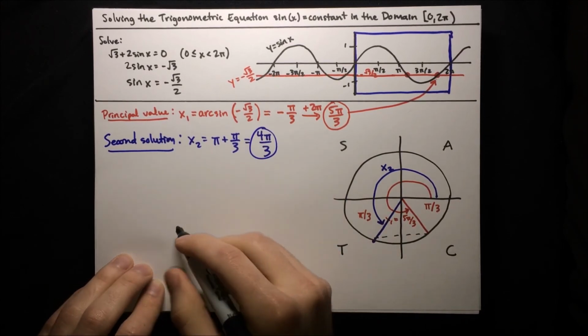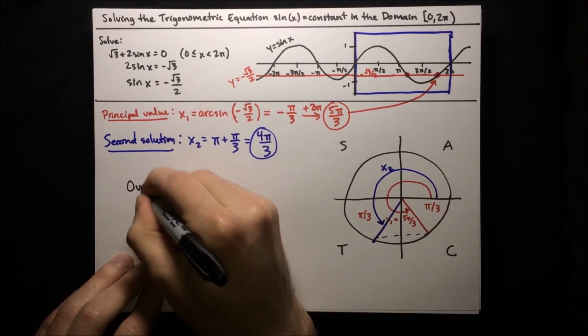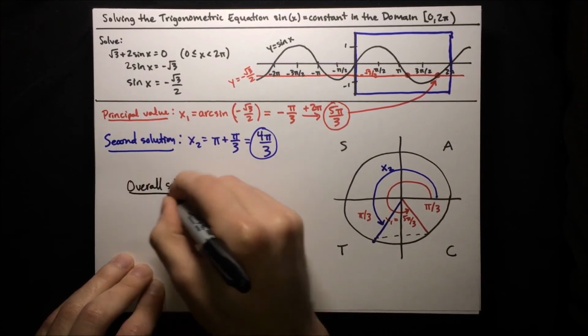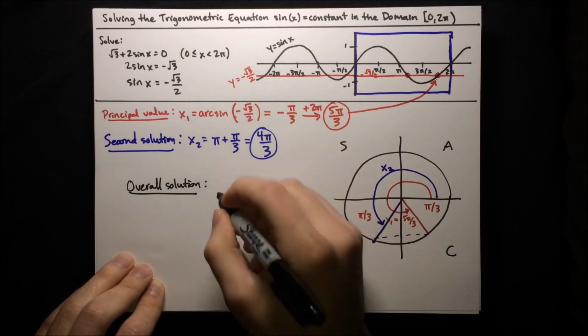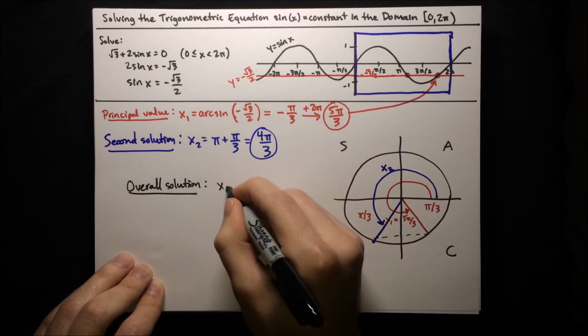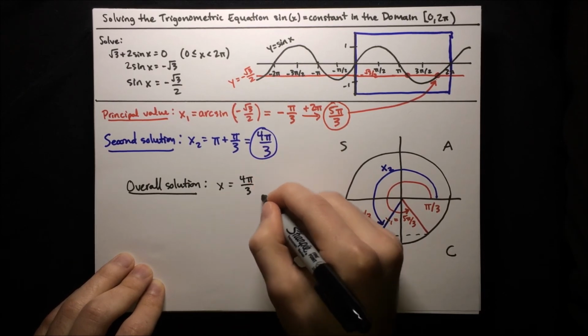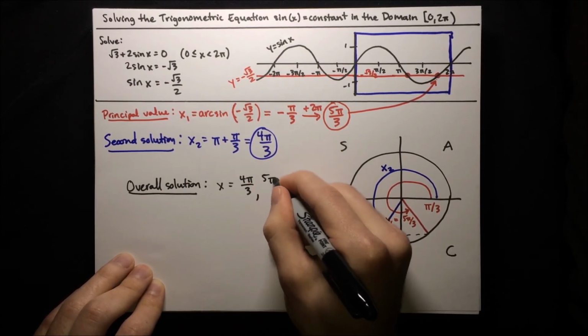Okay, great. So now we're done. We've got our overall solution. Our overall solution is just our two solutions here. Let's put them in order. We've got x equals the smallest one first, 4 pi over 3, and also 5 pi over 3.